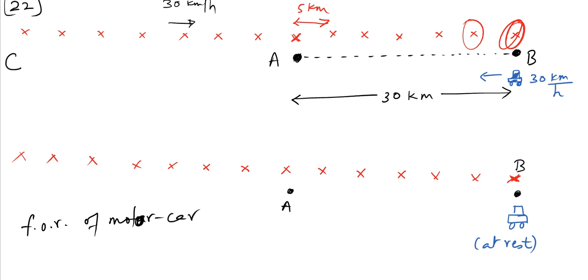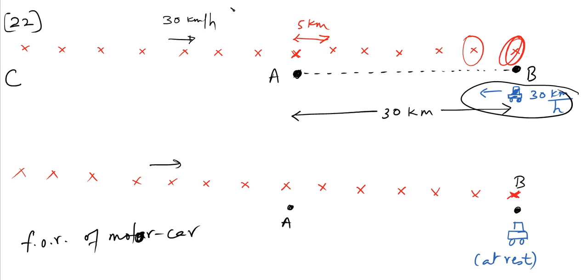It's a long procession of cyclists, and each cyclist is traveling now not at 30 kilometers per hour, but remember, in the ground frame the motor car was going at 30 kilometers per hour towards the left. The cyclists were traveling at 30 kilometers per hour towards the right.